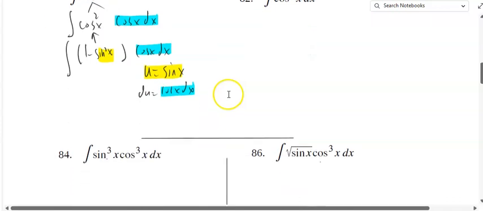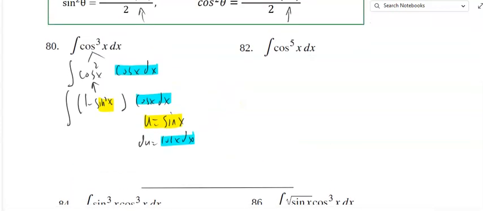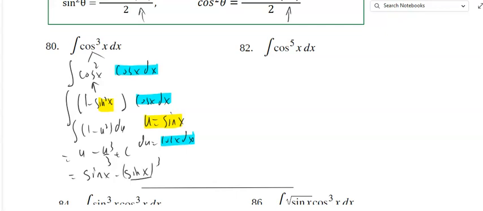Sine, and vice versa. And it works really smoothly. That is the integral of 1 minus u squared du. That is u minus u cubed over 3 plus c, and u was the yellow part, so that's the sine of x minus the sine of x cubed over 3 plus c. And that would be my answer.